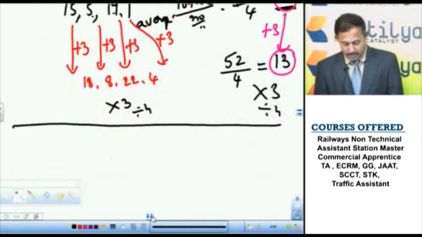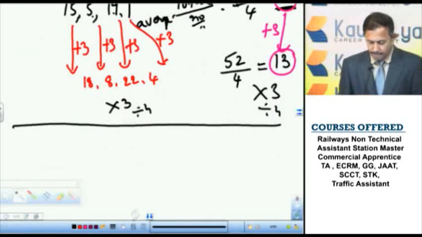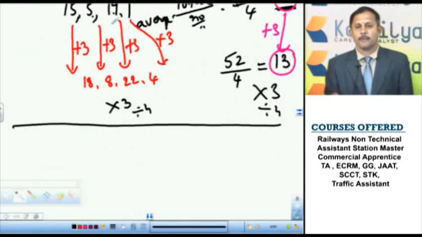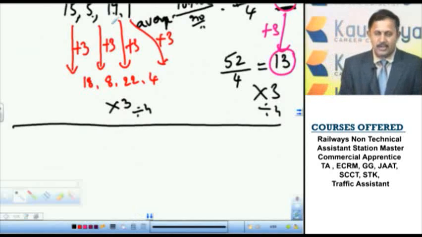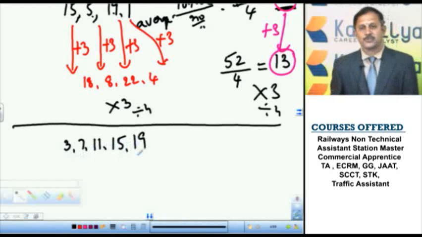And the next one is, suppose we are given some elements and the average is given by total by number of elements. So here I want to give a group of elements 3, 7, 11, 15 and 19. So I have given 5 elements to you.